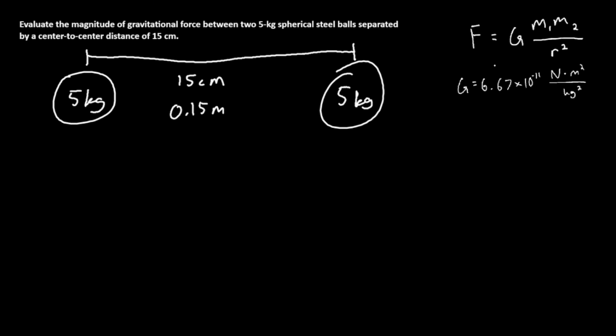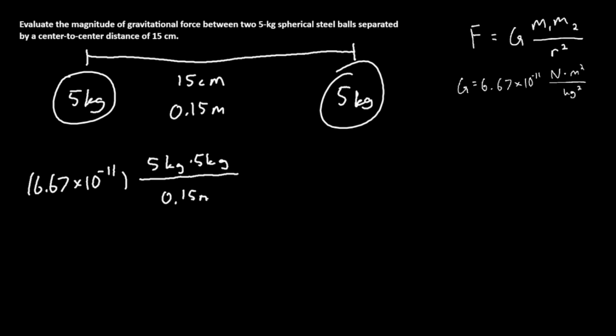And all we have to do is plug it into this equation. It's a simple problem where you just plug things in. It teaches you how to use it. So gravitational constant 6.67 times 10 to the power of negative 11. The masses of the two objects are 5 kilos and 5 kilos. And the distance is 0.15 meters squared.